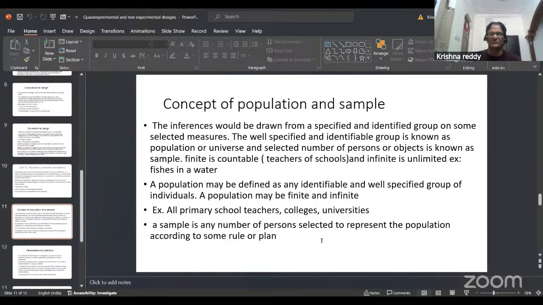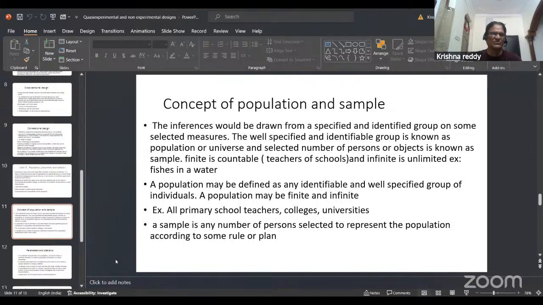If it is not a representative sample, you cannot generalize; those results are applicable only to that particular group, not across the country or across the globe. So a sample is a part of the population which will represent the population. It has the same characteristics, same factors. If I study 10 or 20 people among 100 people, they should represent the characteristics of those 100 members. That is a representative sample.